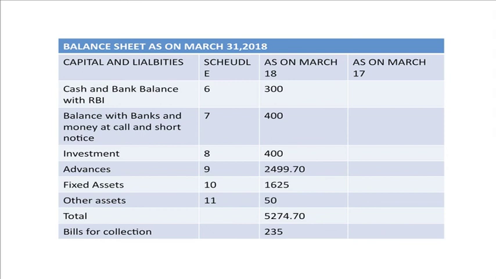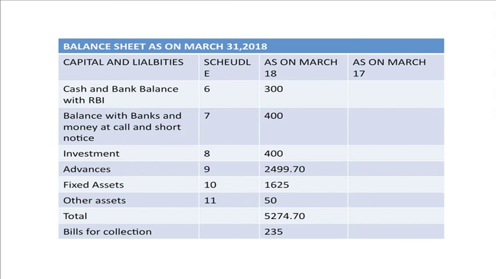Fixed assets schedule 10, 1625, other assets schedule 11, 50. So, the total of asset side is coming as 5274.70, which is equal to the total of liability side we have computed in previous slide, 5274.70.